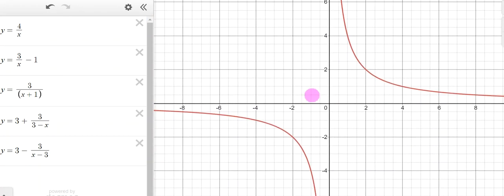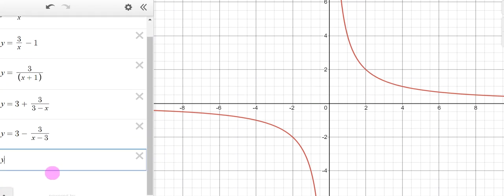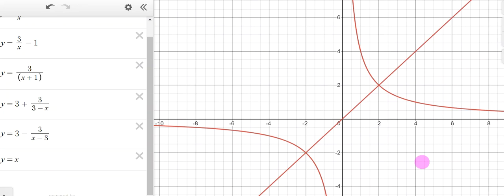It was a self-inverse, right? So that means if it's a self-inverse, if I put a y equals x line in, it should be a reflection. The graph itself will be a reflection, yeah? Are we happy that that's a reflection around y equals x? So it makes sense that it's a self-inverse.